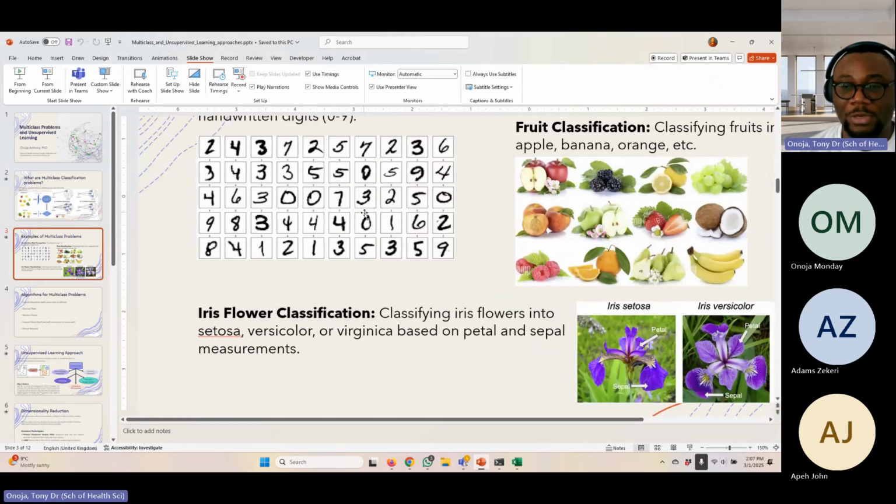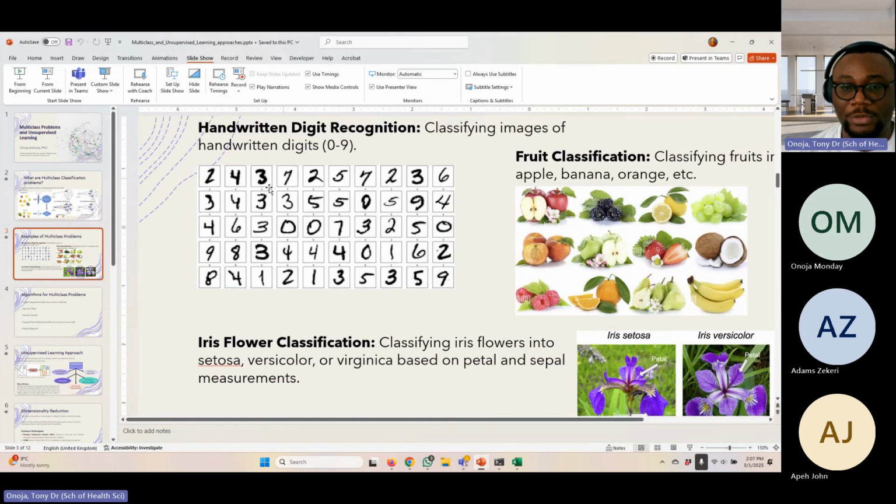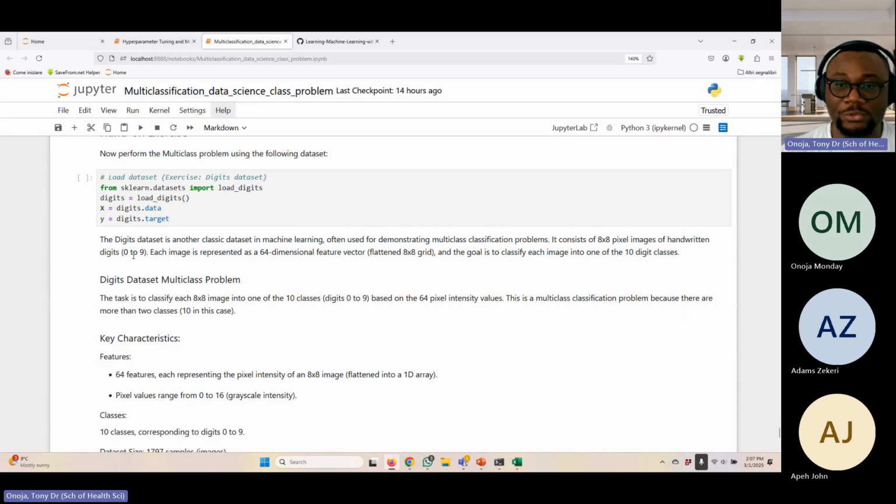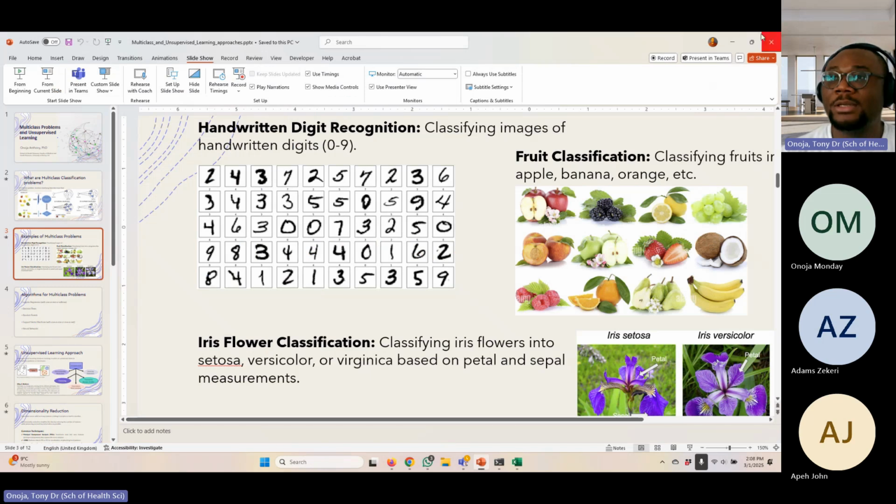So that's what you will focus on. Then as your exercise, you will classify them for us to recognize, when we see a 1, what is a 1, what is a 2, and all that. So you will load the dataset, and you will see each digit from 0 to 9, like we see here in this slide.